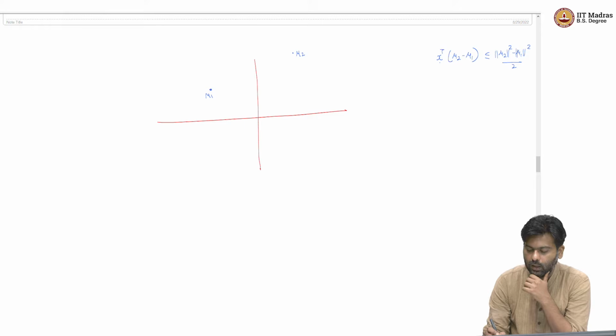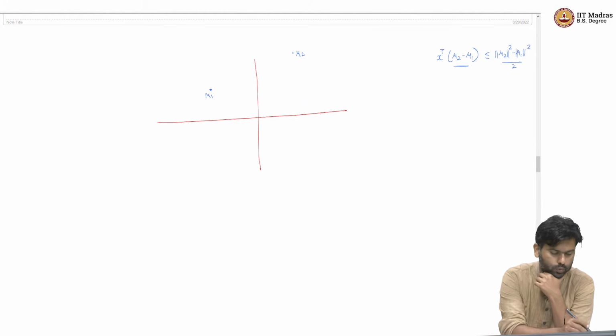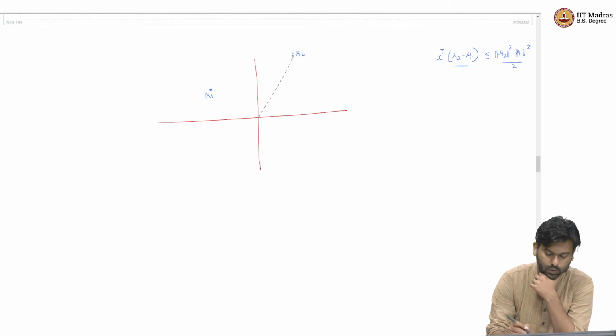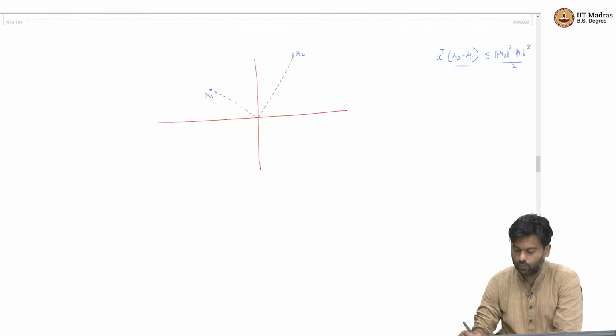Basically, the dot product of your cluster point x with respect to mu2 minus mu1 is at most something. That is what this is saying. But let us look at where the vector mu2 minus mu1 is. Here is mu2, and this is mu1.